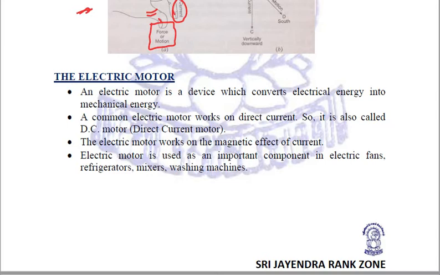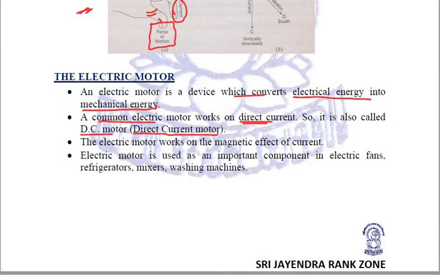Now, what is an electric motor? An electric motor is a device which converts electrical energy into mechanical energy. A normal common electric motor works on direct current. That is why it is called a DC motor, that is direct current motor.